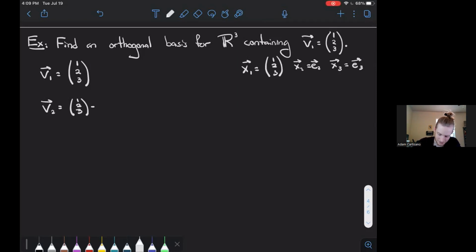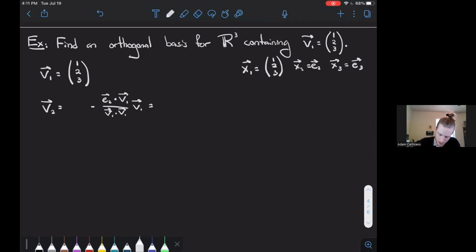I'll just write it this way: e2 dot v1 over v1 dot v1, all times v1. And also v2 is e2 minus this.